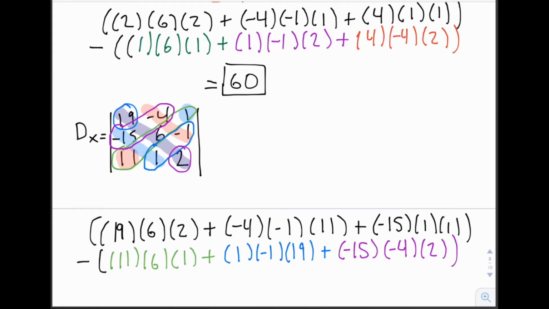If we do the calculations and plug it into our calculator, we should get a value of positive 90. Let's box that so we can find it easily for later.